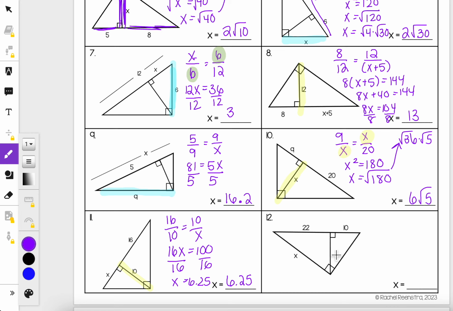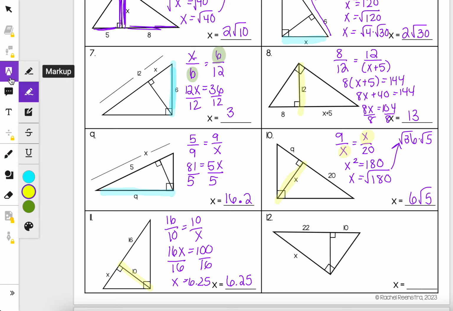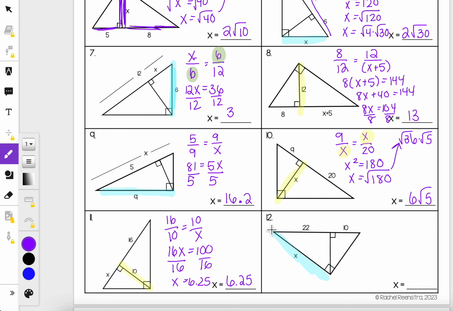In our last example, I don't have that altitude. I'm trying to find one of those legs. So my piece of the hypotenuse over my leg equals my leg over the whole hypotenuse. 22 plus 10 is going to be 32. So again, piece of my hypotenuse over that leg equals that leg over the whole hypotenuse, and we're going to get x squared equals 704.